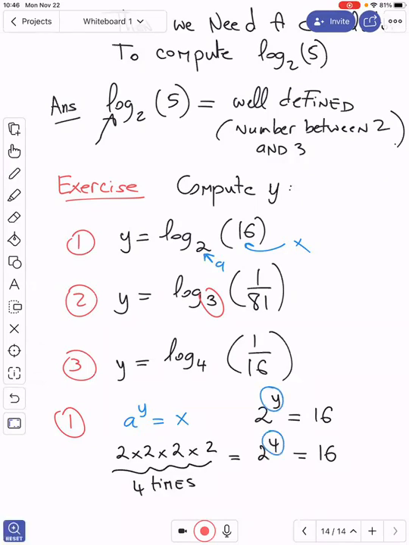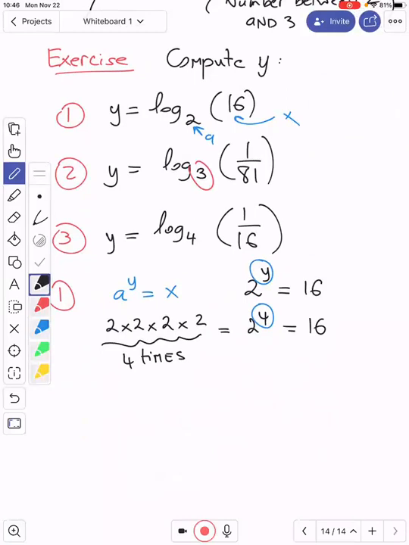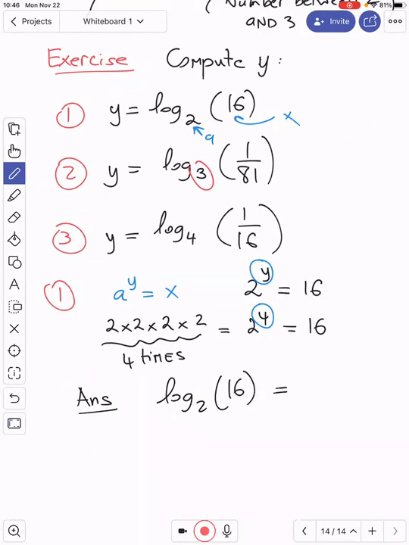So log in base 2 of 16 is 4, because 2 to the power of 4 is 16.